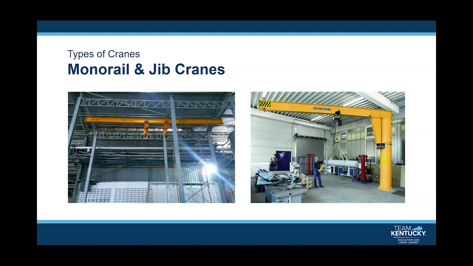Again, 1910.179 would not apply to these types of cranes, as OSHA did not adopt ASME B30.17 that pertains to them. The general duty clause, though, would apply, which in Kentucky is KRS 338.031 or Section 5(a)(1) of the federal regulations. With that, next we're going to start talking about crane inspections.